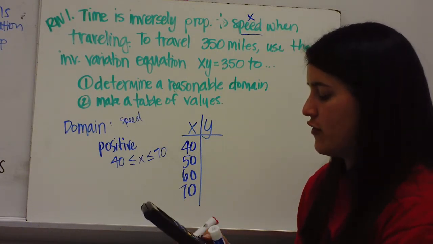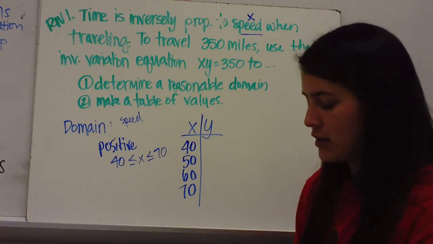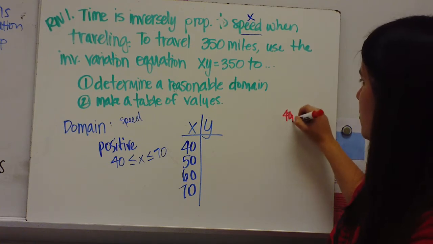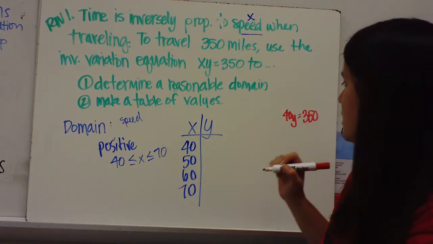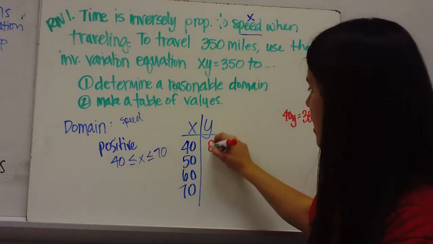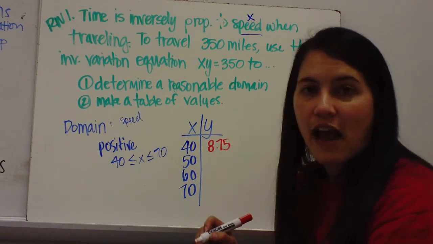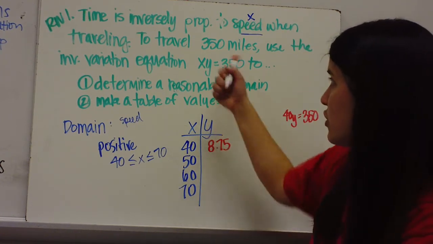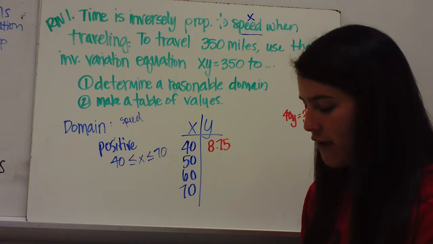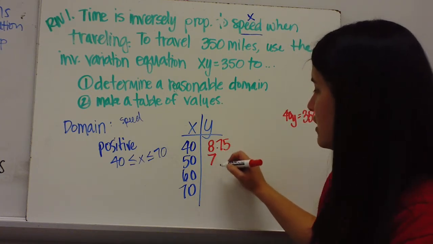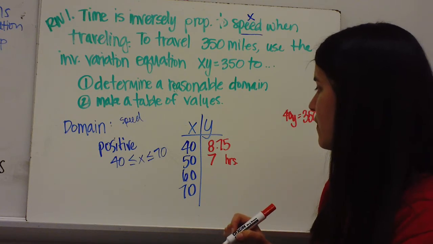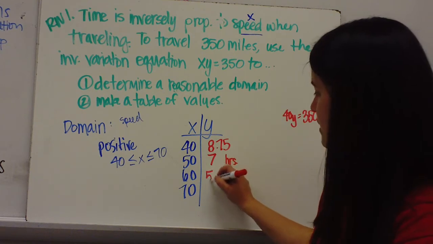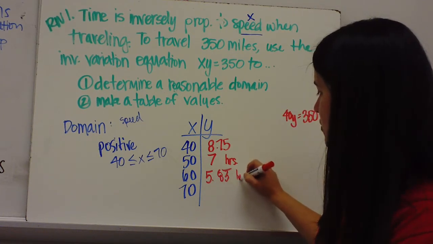So if we did 350 at 40 miles an hour, then I put in 40y equals 350, and then I solved. 350 divided by 40, it's going to take us 8 hours and 45 minutes, or 8 and 3/4 hours, to do 350 miles. 350 miles at 50 miles an hour is going to take us 7 hours. 350 divided by 60 miles an hour is going to take us 5.83 repeating hours.